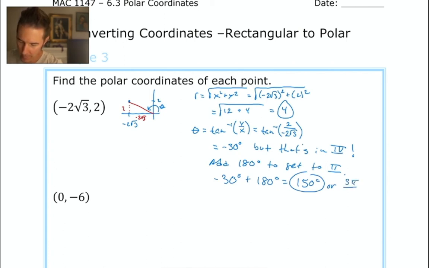I'll write down 5 pi over 6. And then we can finally express our final answer, our solution, which is a polar point, r comma theta, which is equal to 4 comma either 150 degrees or 5 pi over 6 radians.